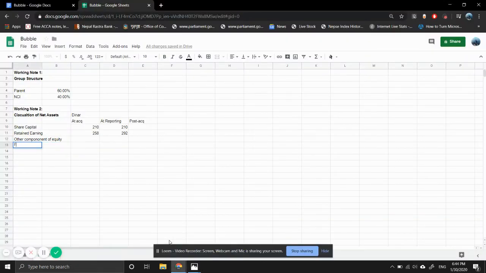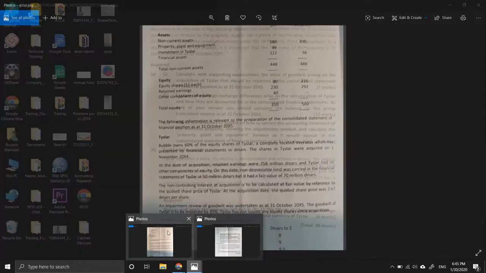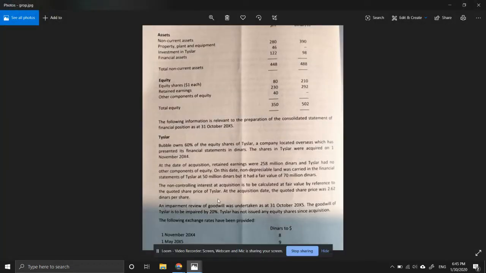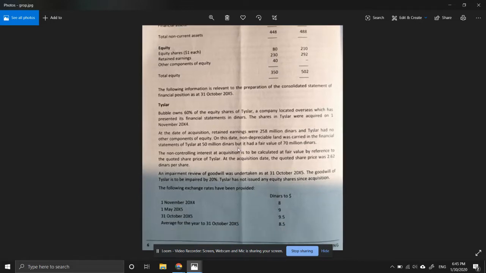So fair value adjustment, land. So 20. Anything else? URP, anything of that sort? I think it does not talk about that. So I think we are good.